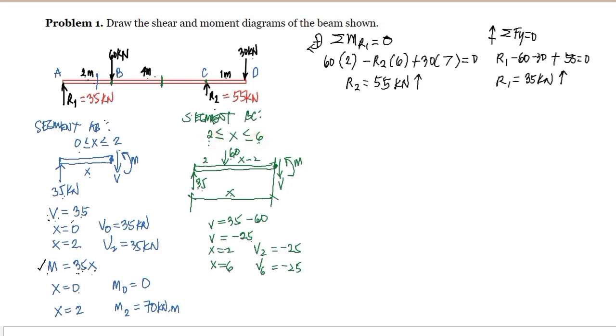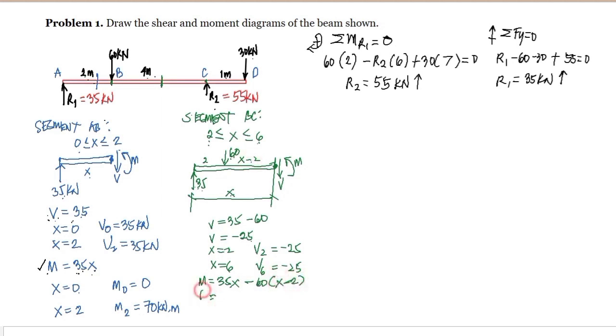And for the moment, we are taking the moment here, so we have 35 times x, and that will rotate clockwise, so it's positive. And 60 here will rotate counterclockwise, so we have here minus 60 multiplied by the distance x minus 2.